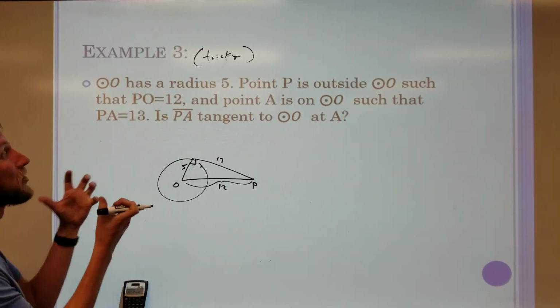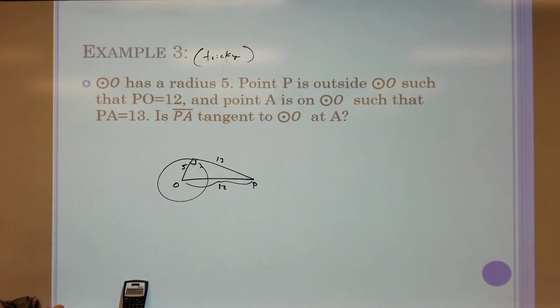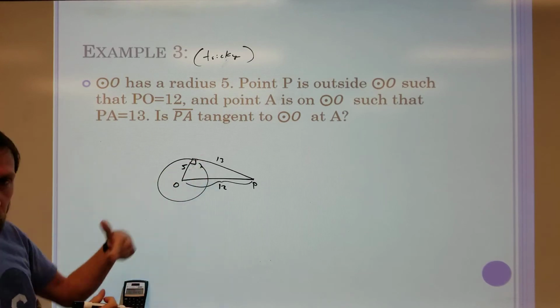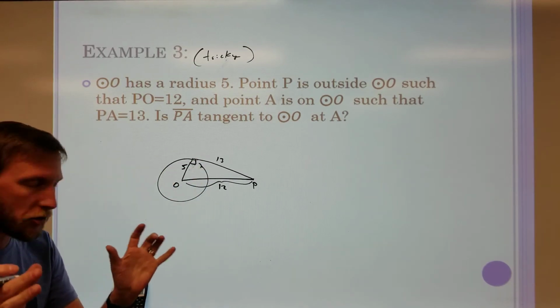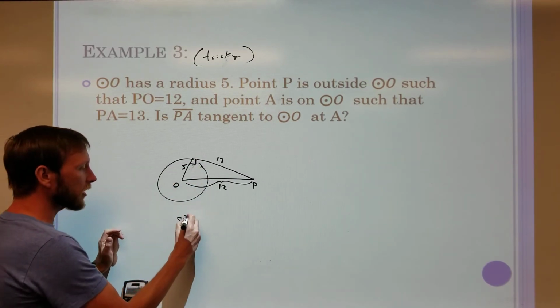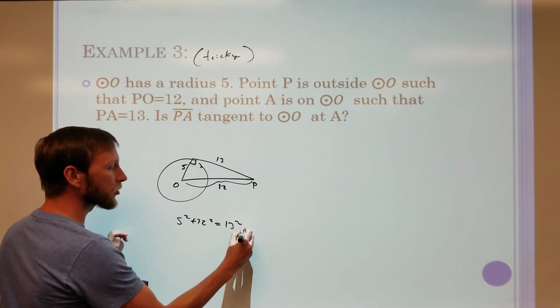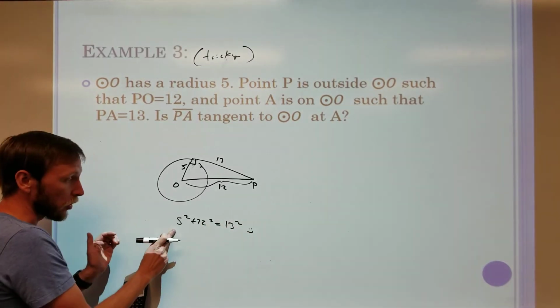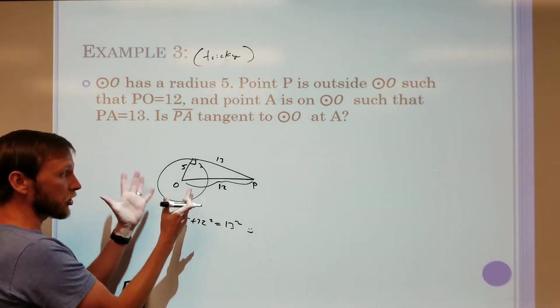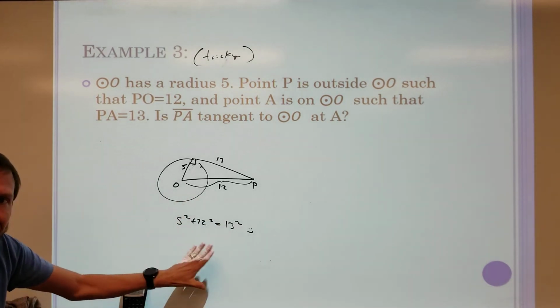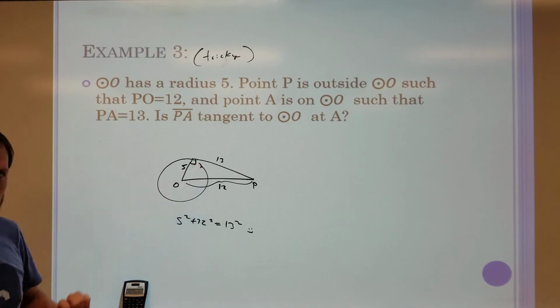It wants it to be a right angle. And we know that if we were to take 5 squared and 12 squared, we would get 13 squared. So this is why this is a little bit tricky to us. That works. 25 and 144 makes 169. It checks out. But look at the way that this is written versus the way that this picture is drawn.